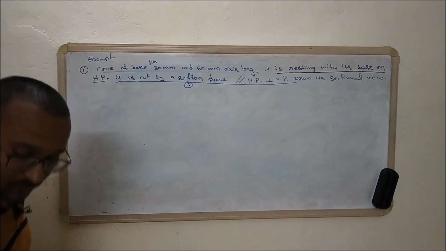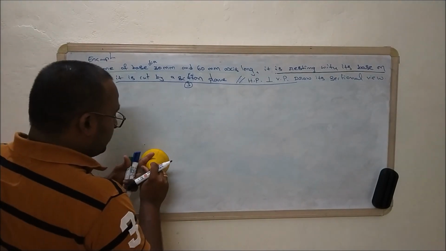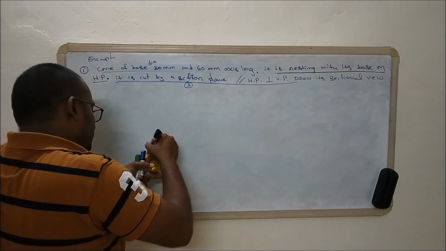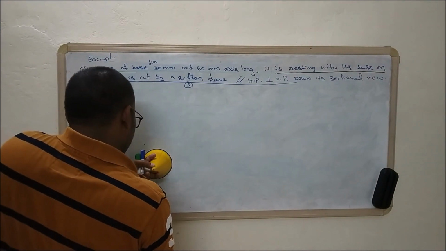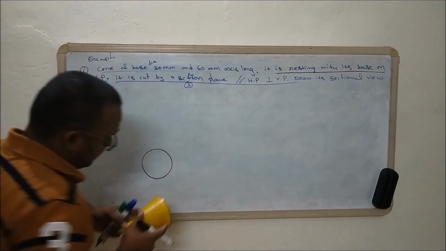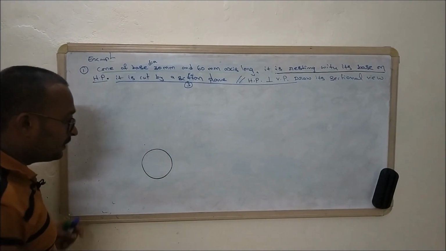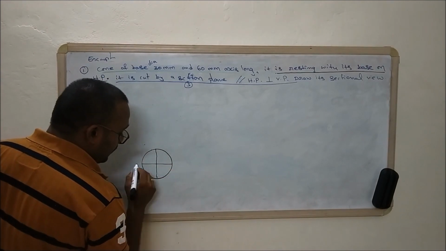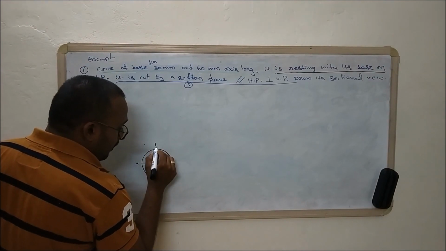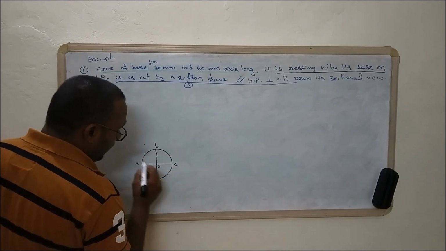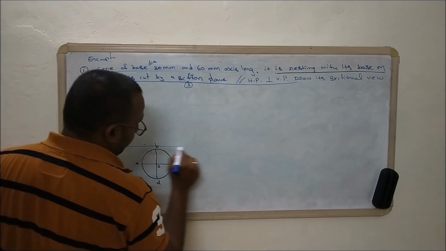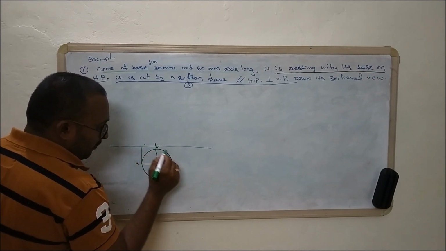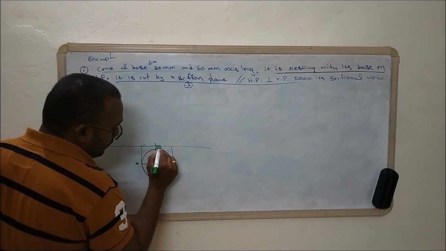So we must start with its top view and divide it into a number of equal parts, A, B, C, D. Then project all the points upwards.